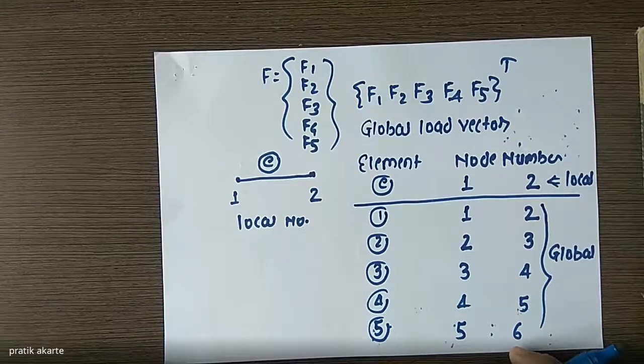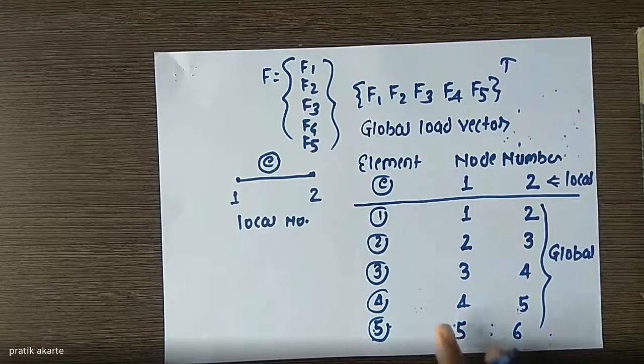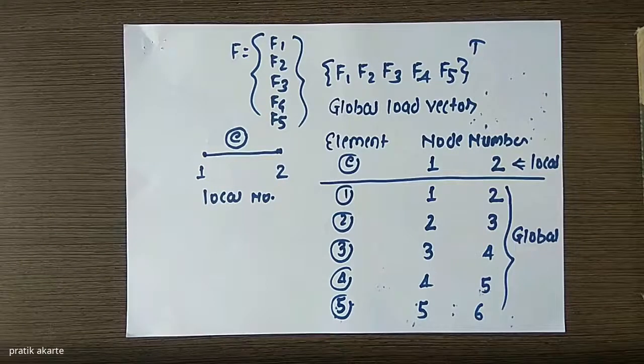So in this element connectivity table, nodes of the elements are represented in two forms: local numbers and global numbers. The local node numbers of each element would be 1 and 2. If we consider element number 3, the global node numbers will be 3 and 4, and the corresponding local node numbers will be 1 and 2.